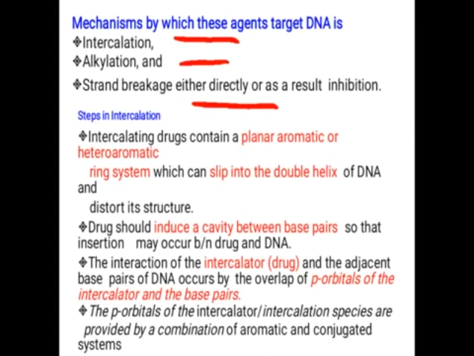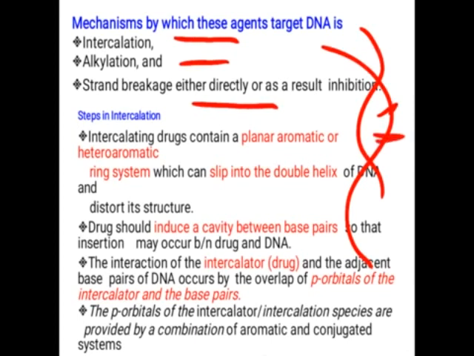Okay, so in intercalation, as we have already studied in organic chemistry, what do intercalators do? Intercalators are agents which fit themselves in between two nitrogenous bases. Suppose this is the DNA. Here is one nitrogen base, here is another nitrogen base. These intercalators are also molecules or compounds, and they come in between these two nitrogen bases.